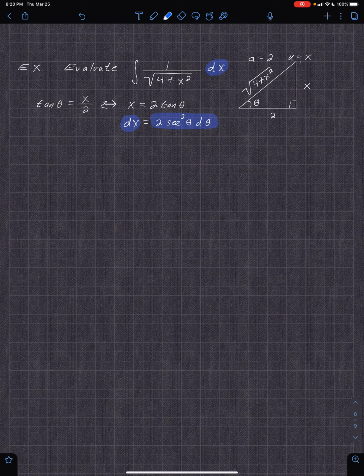But the whole goal really is to eliminate this radical. So now we've got to substitute into the radical. So we'll come down here, and we'll say the square root of 4 plus x squared.